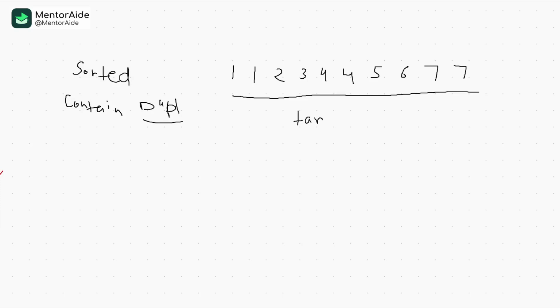The target is, let's say, 8. Now, do you guys think we can solve this problem by using the same approach which we have just discussed before, using the exact same steps without changing anything? No, sir.